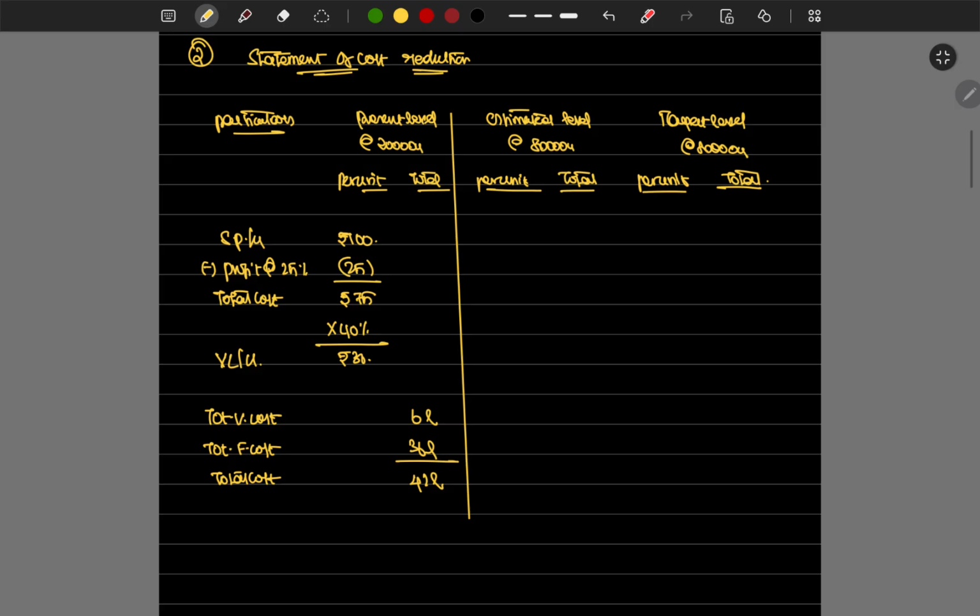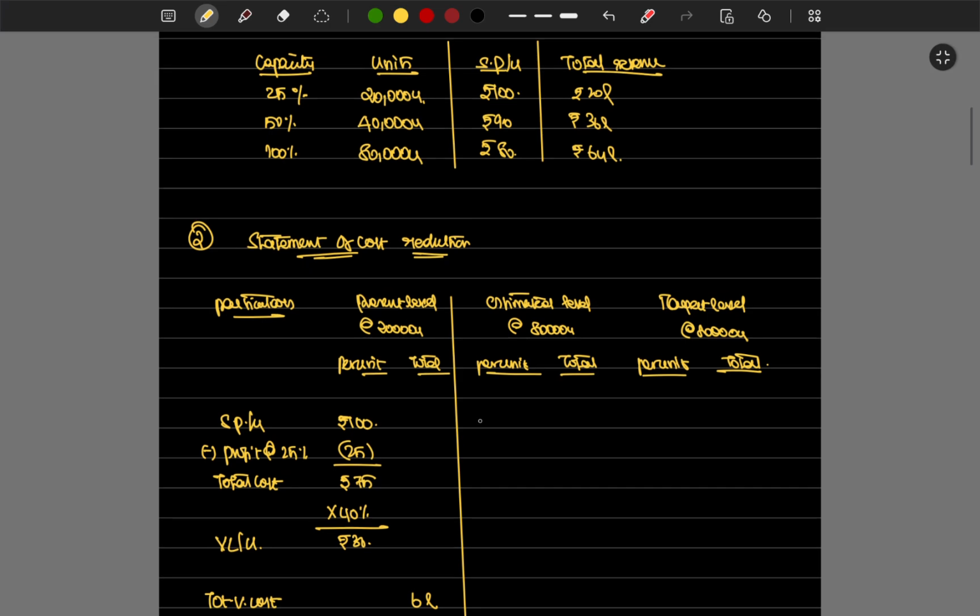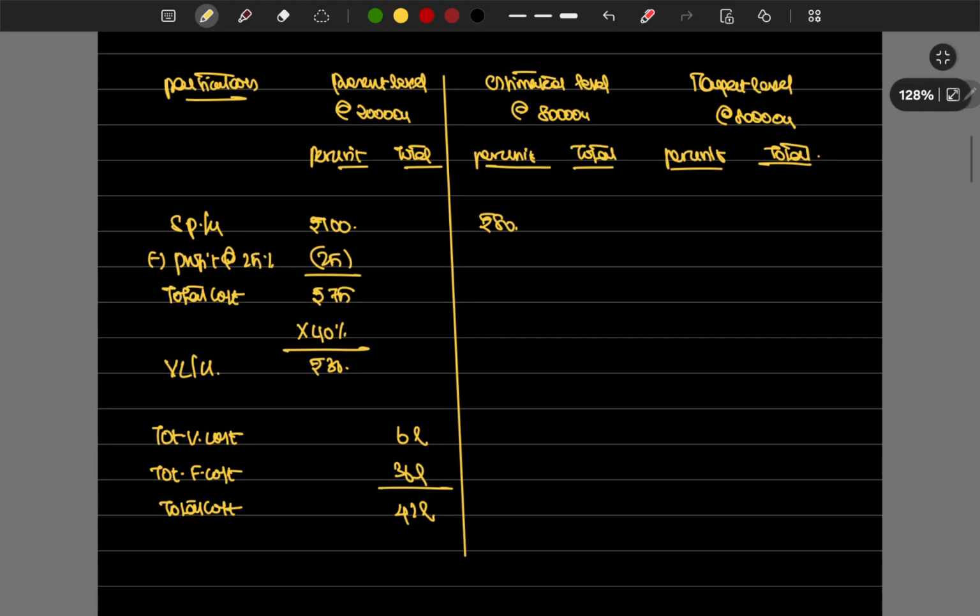Now we have to follow the same cost structure for the estimated level. At the estimated level, the cost per unit will be rupees 80. The sale price is fixed. What's the cost? Variable cost per unit will be constant, and fixed cost also will be constant.